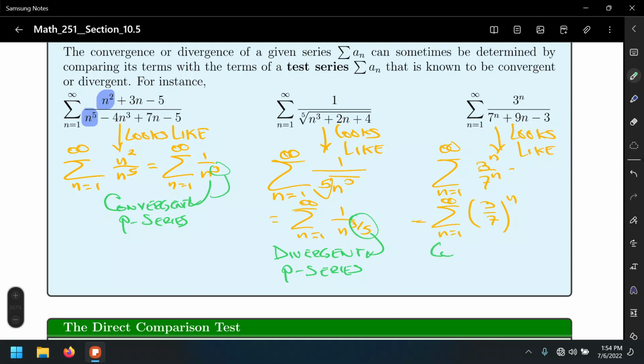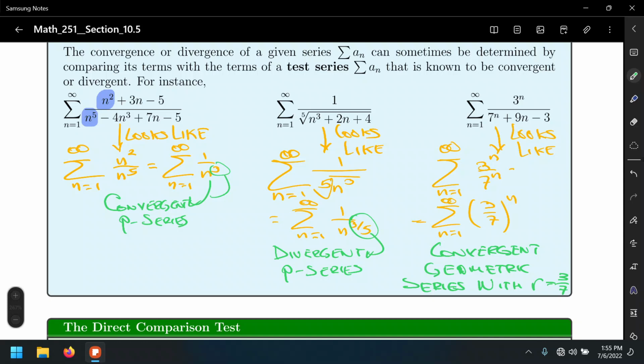It's a convergent geometric series with r equals 3/7. All right.